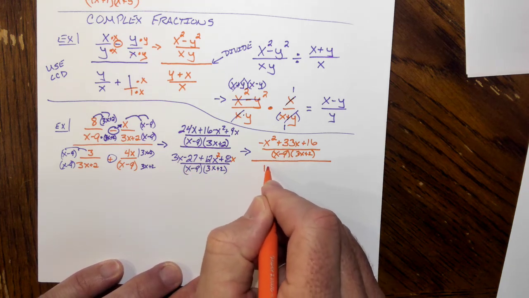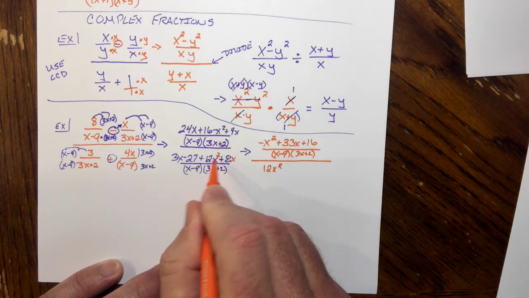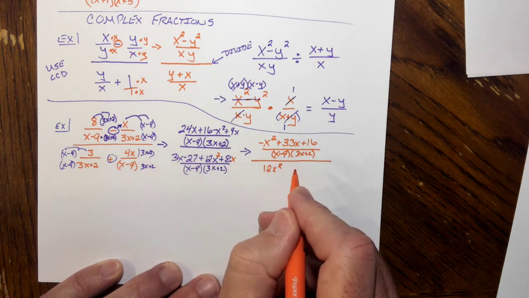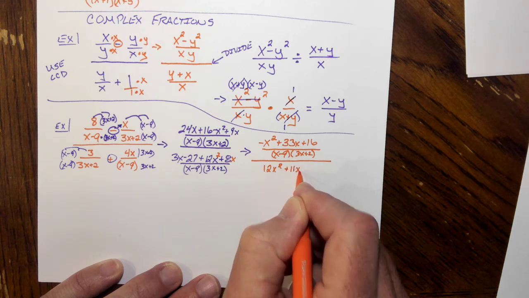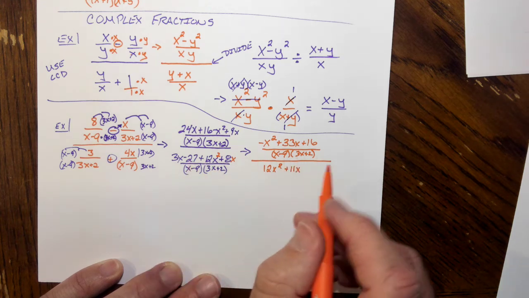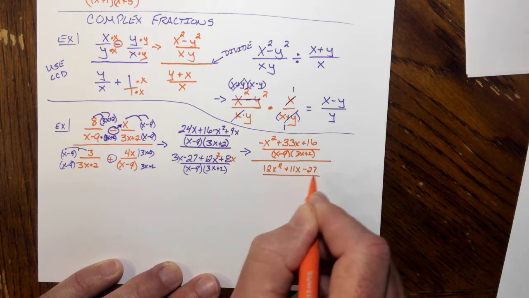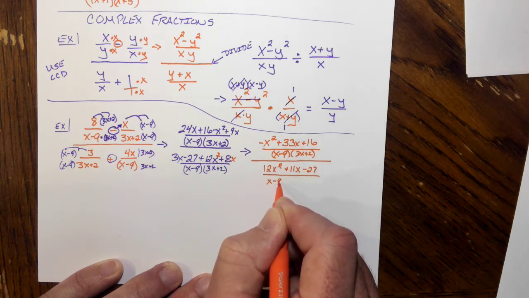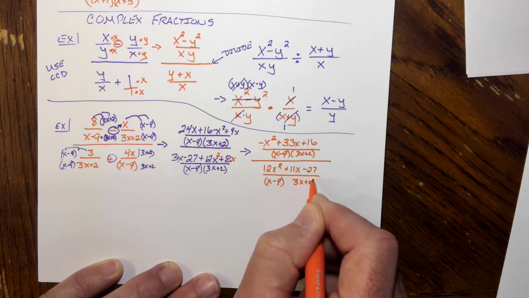So 12x squared, 3x, 8x plus 11x. And then a minus 27. All over x minus 9 and 3x plus 2.